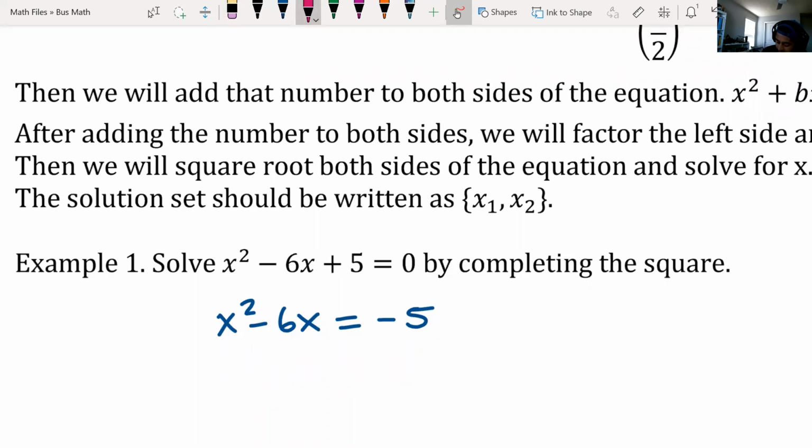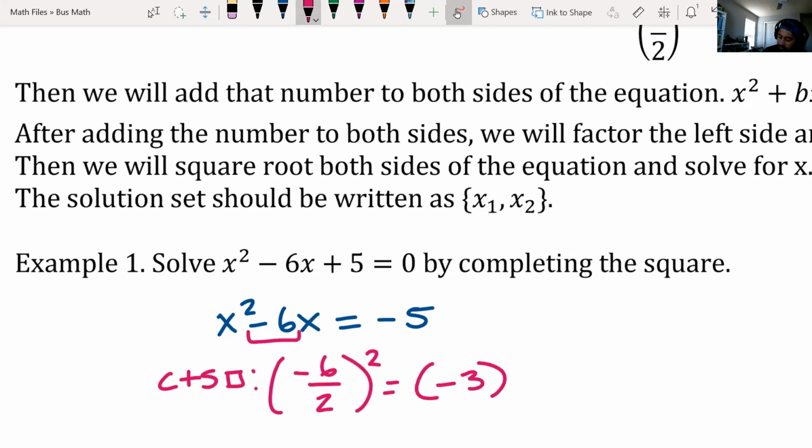Complete the square means we're going to take half of the middle term's coefficient. So we're going to say negative 6 over 2 and square it. We're going to reduce it to negative 3 and then square that, and we're going to get positive 9.